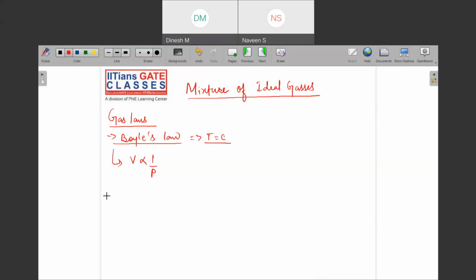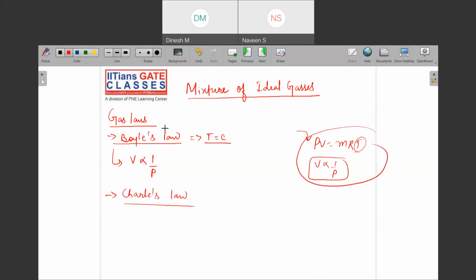Okay, then what is Charles law? We know this fact from PV equal to mRT, that if the temperature is constant, the volume is inversely proportional to pressure. But we have reduced to this fact using experiments only, from Boyle's law, Charles law, and what?